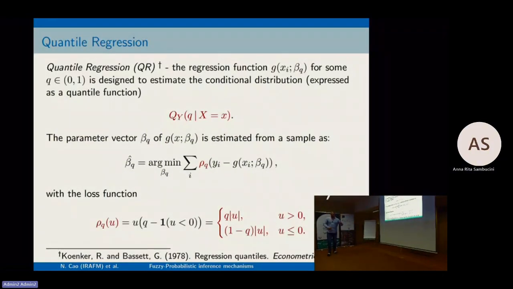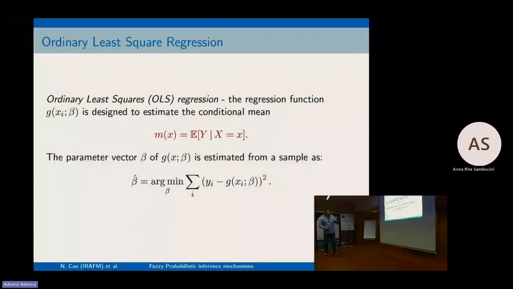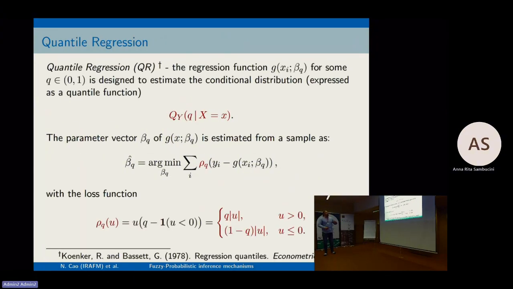Because least squares regression has some problems with biases, outliers, and so on, we can use another type of regression, which is called quantile regression. Quantile regression is defined in the way that the regression function for some q from the unit interval is designed to estimate the conditional distribution expressed as a quantile function.